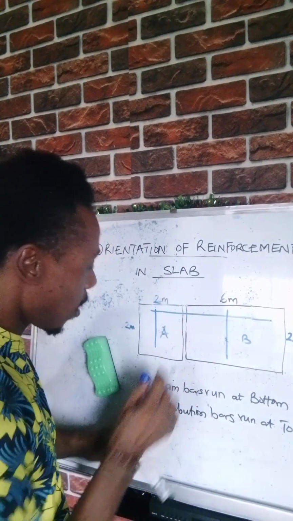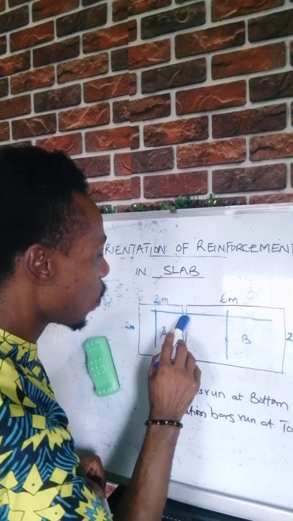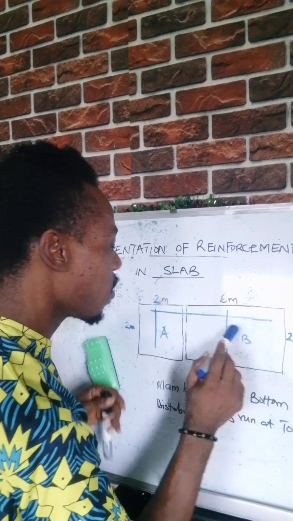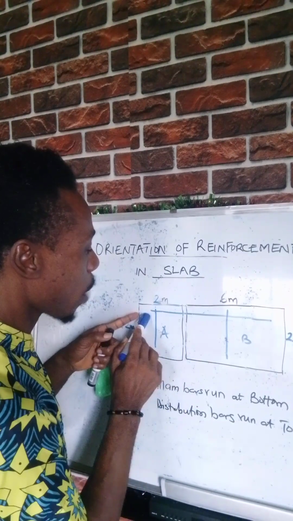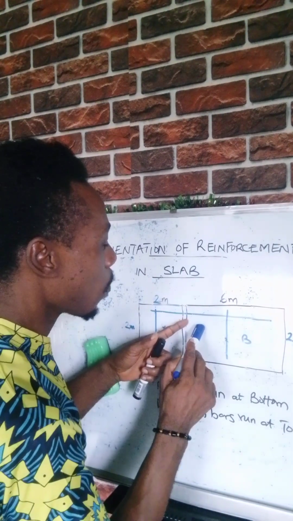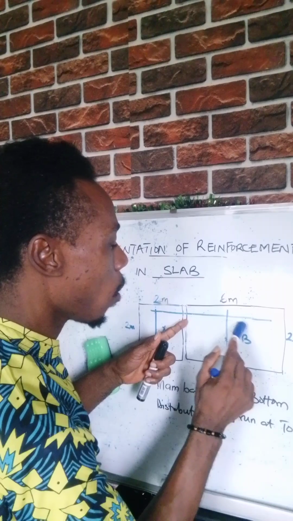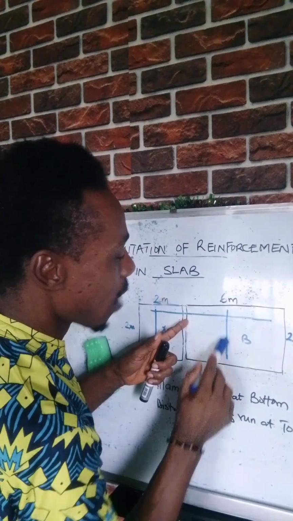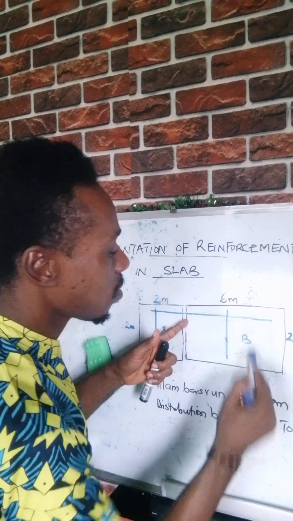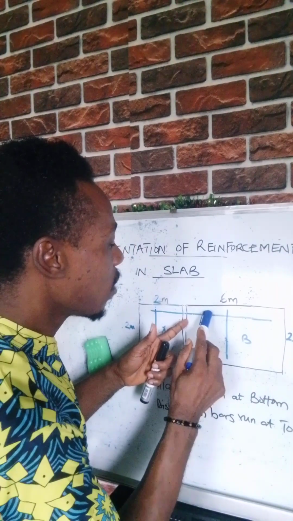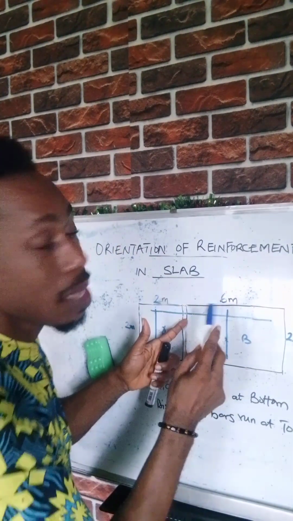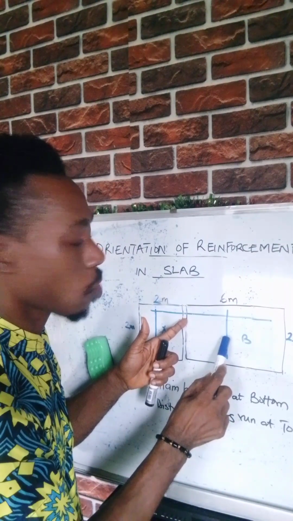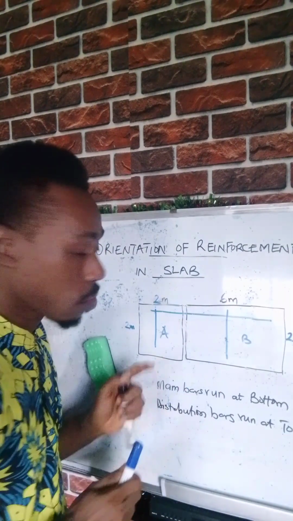Once it crosses this beam, it will no longer be bottom on this panel. Rather, this reinforcement will now act as the top of that bottom reinforcement. So I want you to take note of that.